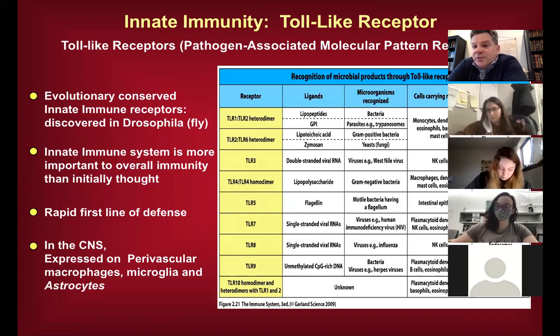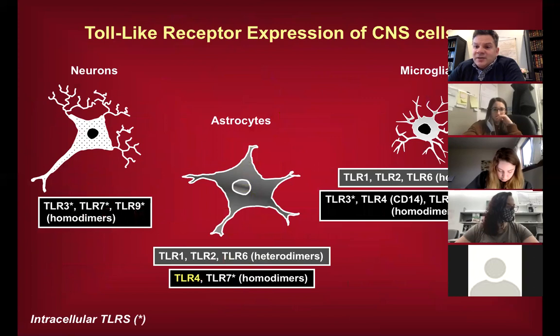You can get very quick activation of pro-inflammatory cascade within those cells. So the reason to bring this up is that almost all these receptors, the intercellular ones and the extracellular ones, show up on microglia, right? So again, it supports the idea of microglia being this important immune sensor within the brain.